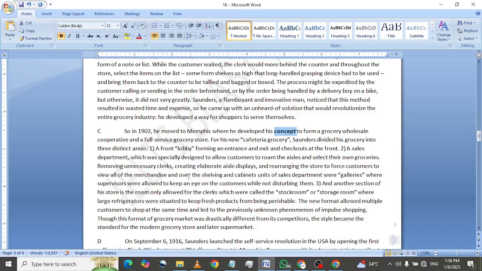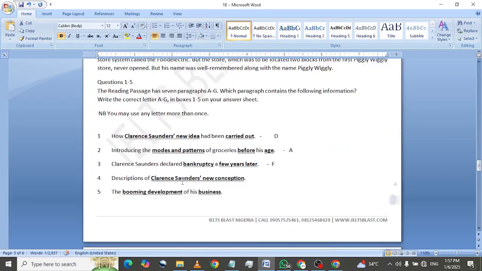You see that it has started describing how his grocery shop will be or has been. You see the way he was able to talk about it. So it is in this paragraph C that the description of the grocery's new concept came about.